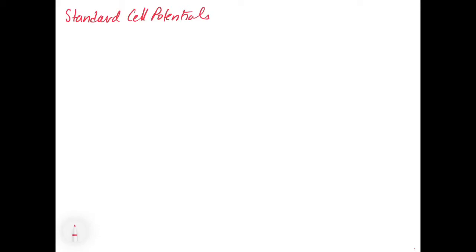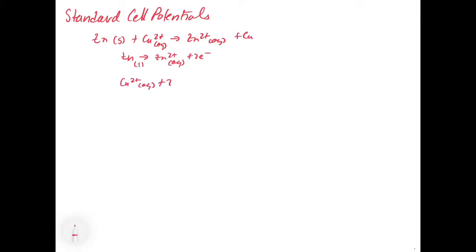So if we look at the cell that we've been talking about this entire time, zinc solid plus copper 2 plus aqueous gives zinc 2 plus aqueous plus copper. And we have our half reactions. Zinc goes to zinc 2 plus plus 2 electrons, and we have copper 2 plus plus 2 electrons goes to copper solid.